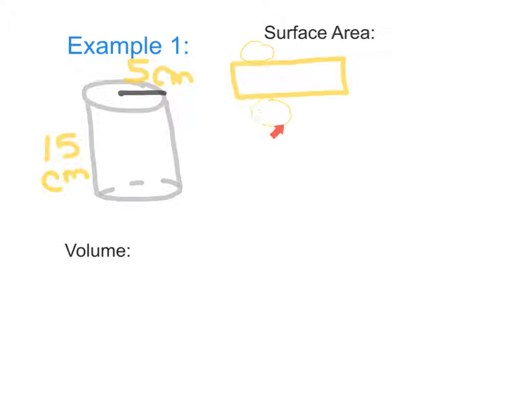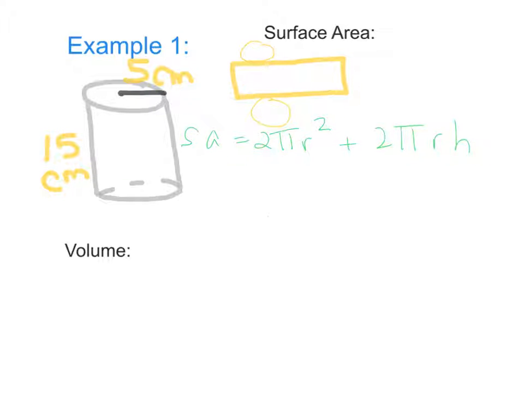So what I'm going to do is take the area of both of these circles, which the area formula is pi r squared, and then I'm going to add to that the area of the rectangle. So we were given a formula of surface area to equal 2 pi r squared plus 2 pi rh.